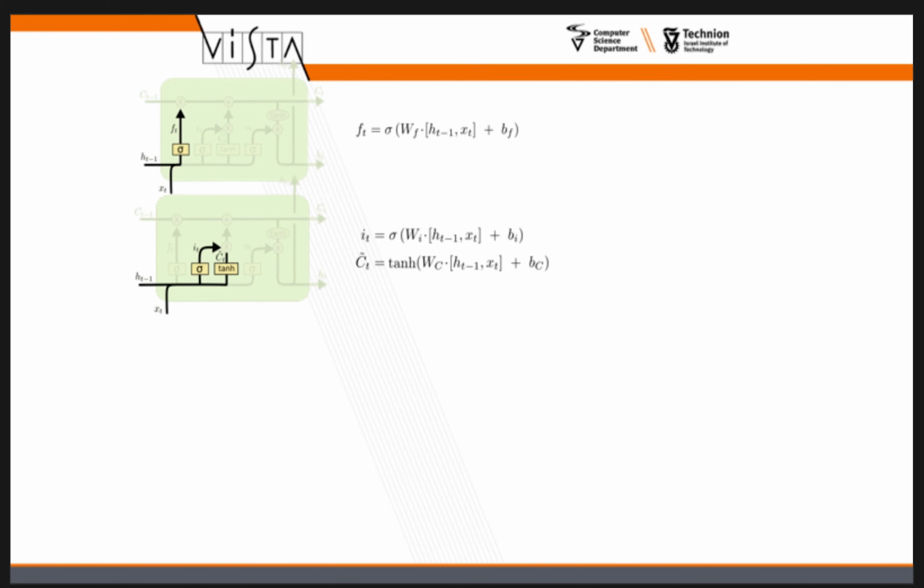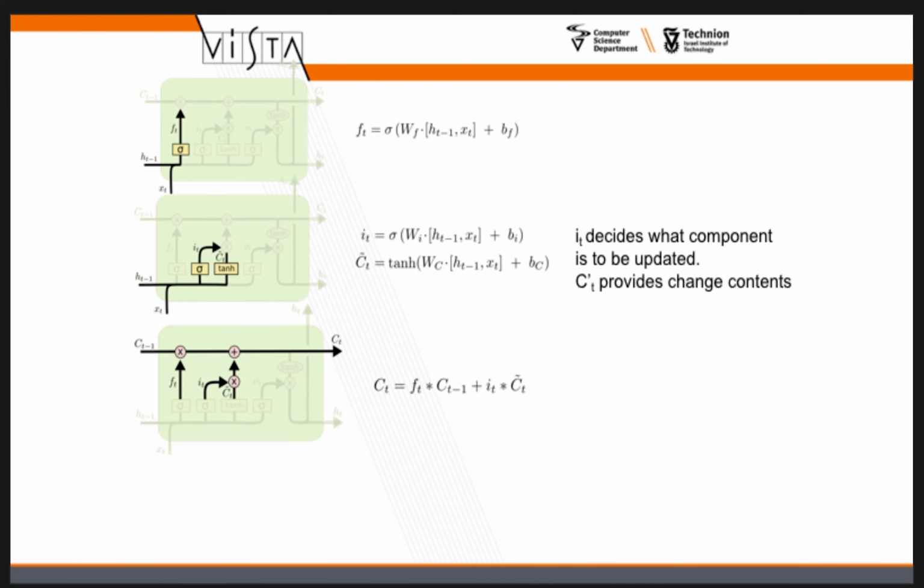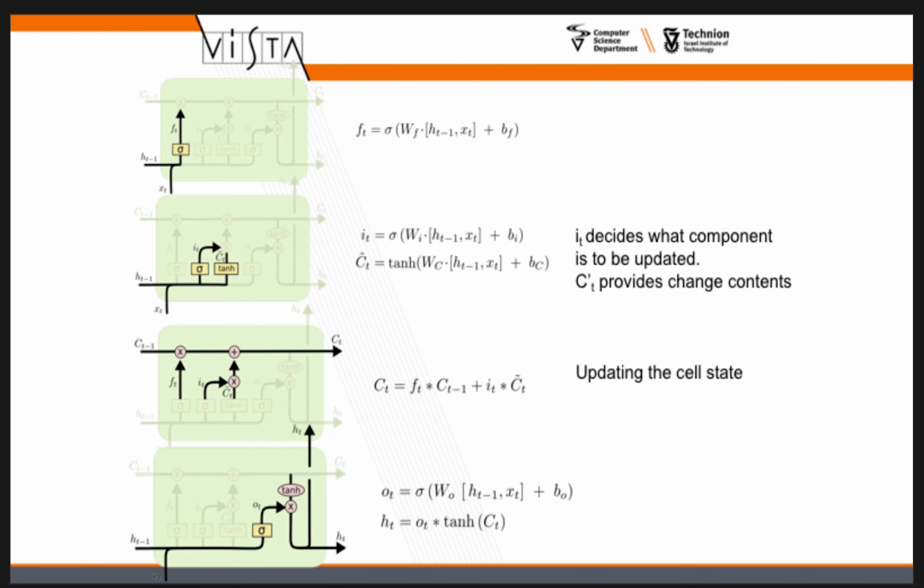Here we have the other equations: it decides what component is going to be updated, while Ct provides the changed contents. Ct is our current cell state, and ht is what part of the cell is going to output.